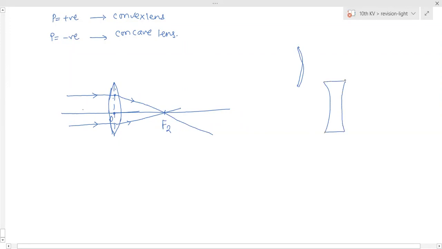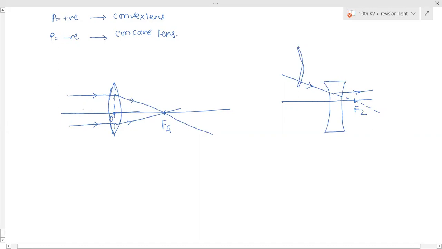For the concave lens, the rays will be parallel when any ray from this appears to pass through F2, then the rays will be parallel to each other, right? Is this clear? Yes, ma'am.